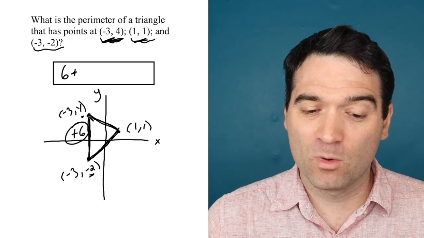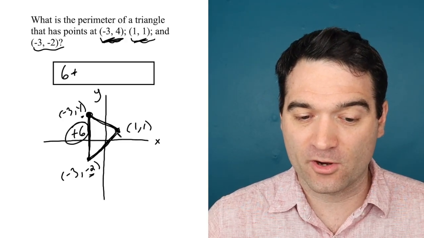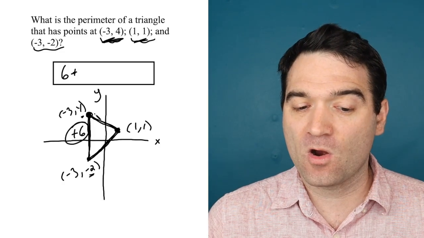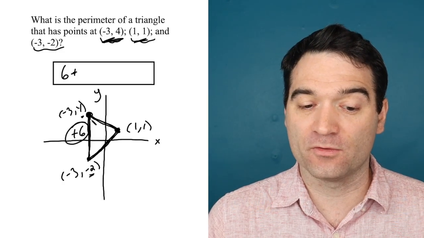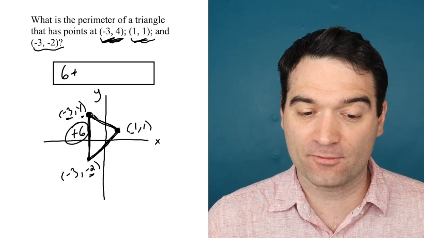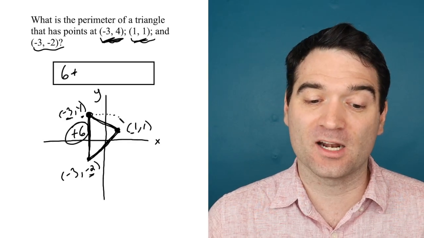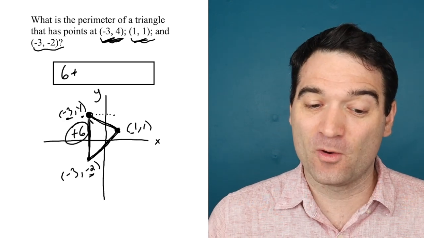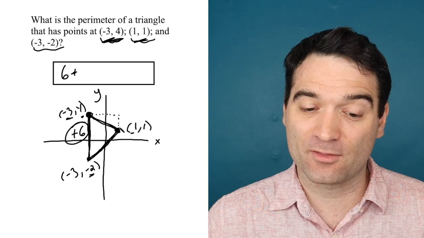What do I mean? Well, let's look at this point and this point. We're going from (-3, 4) to (1, 1). How far am I traveling horizontally to go from -3 to 1? I'm traveling horizontally by 4. And how far am I traveling vertically? I'm going from 4 down to 1. That's a distance of 3.